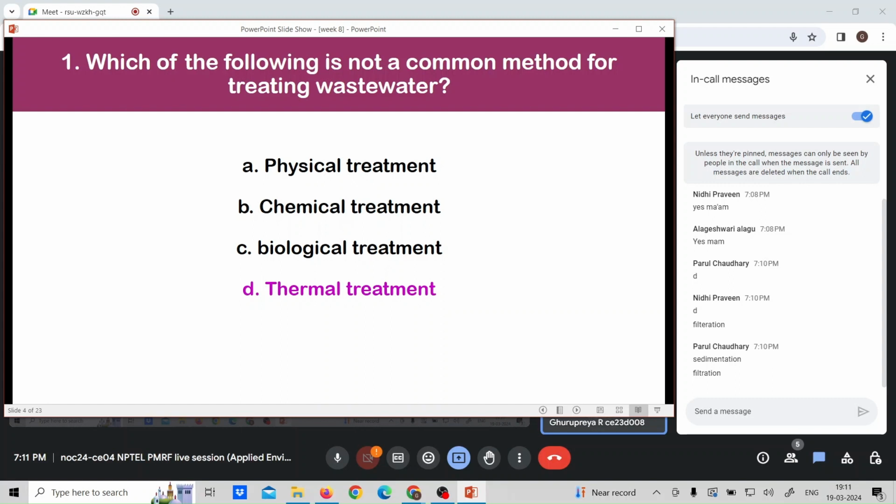Great. Some chemical methods. Chlorination. Okay. Anything else? Ionic exchange.